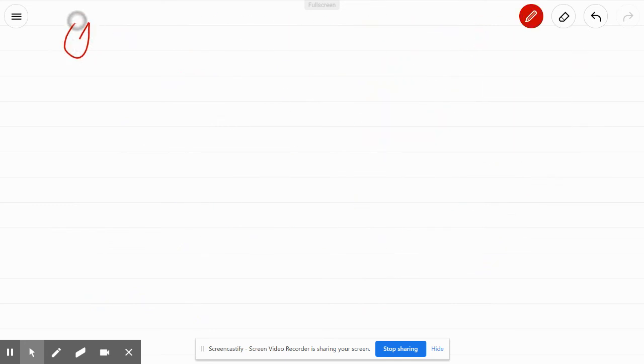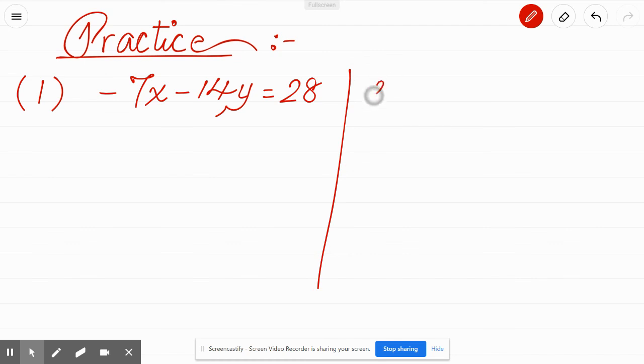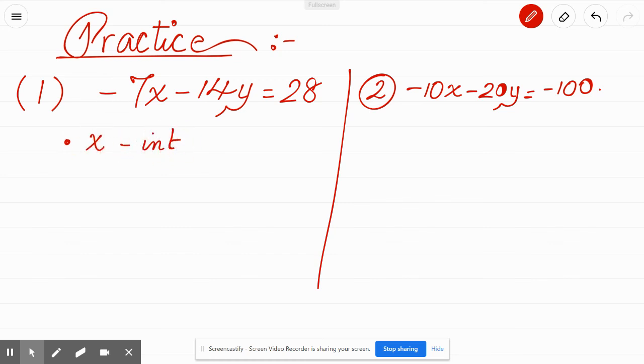All right, so this is independent practice for you. And our first question, let us say, is and the second question is All right, your task here will be you'll find out the x-intercept, you'll find out the y-intercept, and you'll also graph the function.